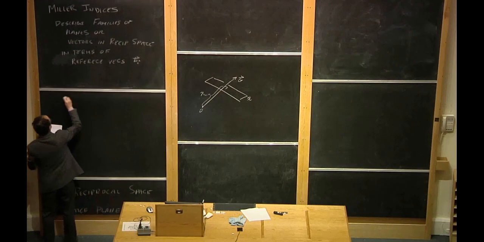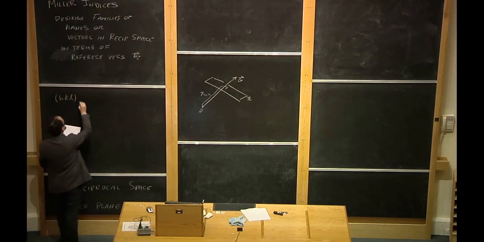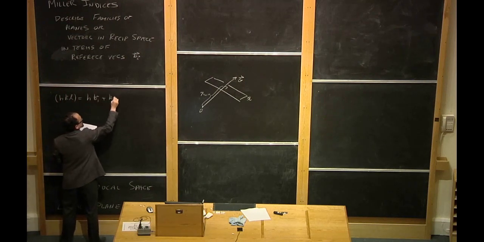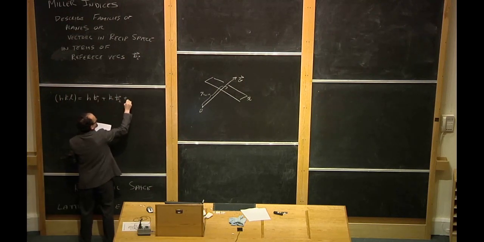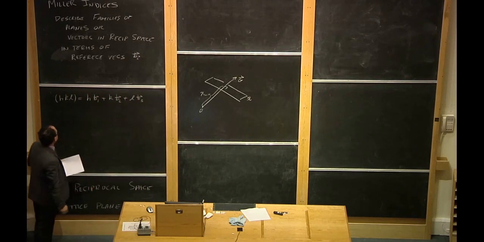Generally, what we do is we write (hkl) in parentheses to mean h times b1 plus k times b2 plus l times b3. And this notation should look a little bit familiar.